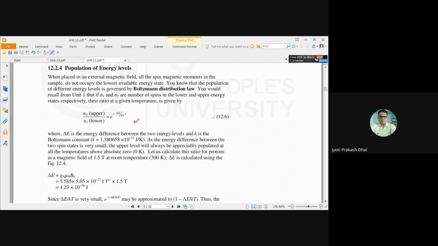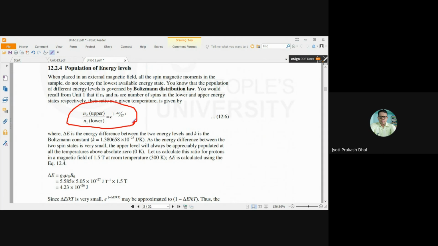So here N upper divided by N lower, that means the number of spins in the upper state divided by the number of spins in the lower state, equals e to the power minus delta E by kT, where delta E is the energy difference between the two energy levels and k is the Boltzmann constant having the value 1.38 into 10 to the power minus 23 joule per Kelvin. As the energy difference between the two spin states is very small, the upper level will always be appreciably populated at all temperatures above absolute zero.